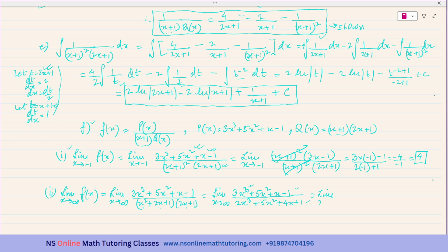So I'm dividing both the numerator and the denominator by x³. Therefore, 3x³ divided by x³ is 3, plus 5x² divided by x³ is 5 over x, plus x over x³ is 1 over x², and minus 1 over x³.